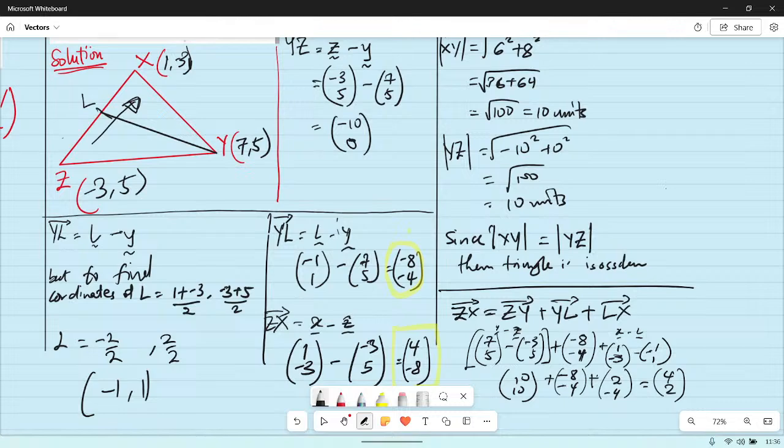Getting something different. If I compare this and this, 4 times a certain constant gives negative 8, negative 4.